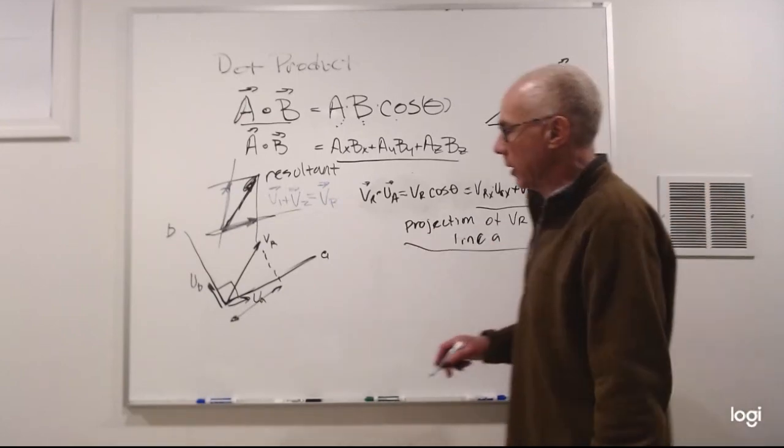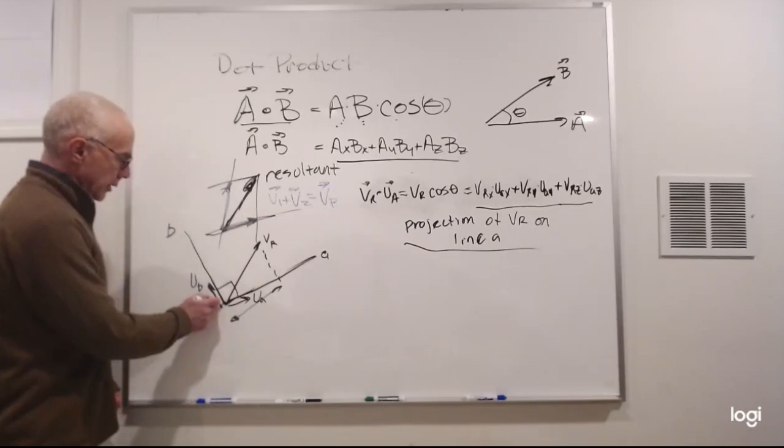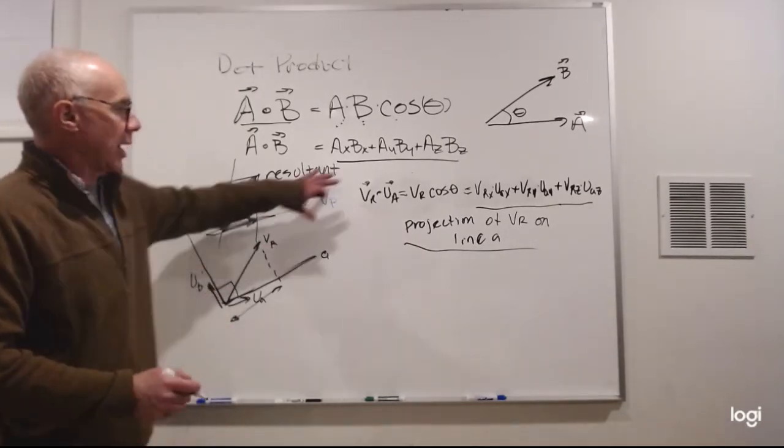Now what if we wanted to also have the projection of VR on line B? In this case, we're not going to apply the dot product.